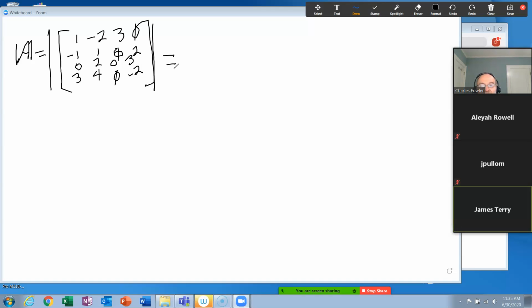You can choose any row, any column, and use that column or row to find out the determinant. Which one might you choose? I want you to be good and lazy about it now. A row or a column?